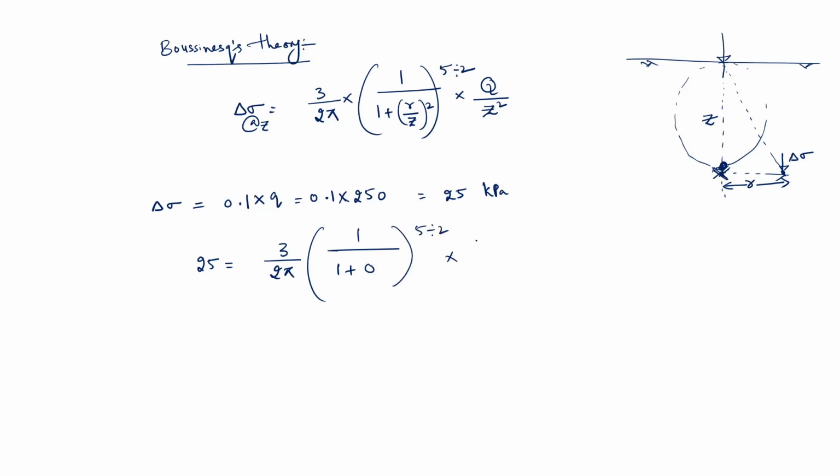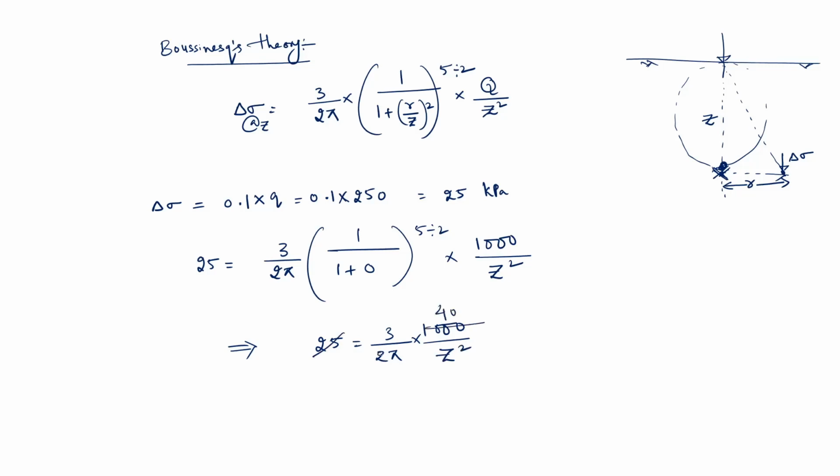Q is 1000 kilonewton, and z is unknown, which we have to find out. So 25 equals 3 by 2 pi into 1000 divided by z square.